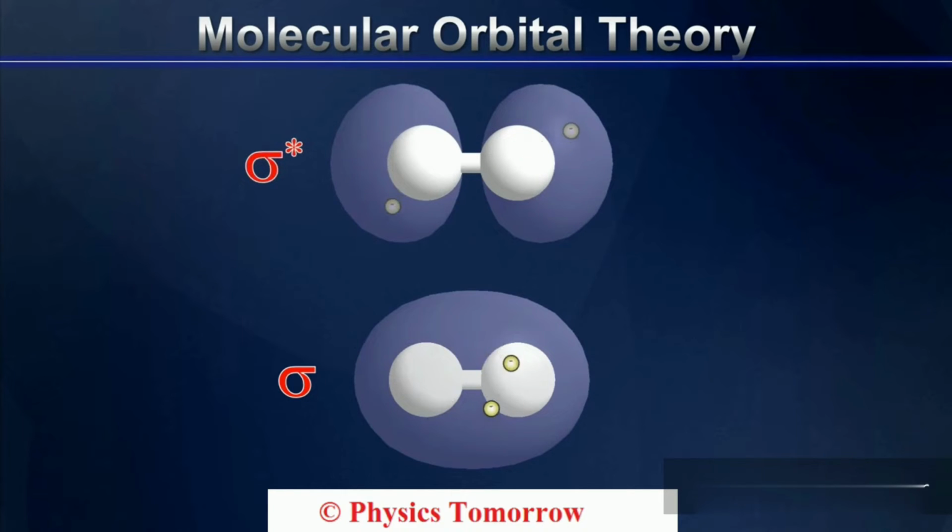If there were electrons inside of this sigma star molecular orbital, they would spend most of their time outside of the two nuclei, not screening their positive charge repulsions, and therefore would actually make the system very, very unstable. So let's think about what that means in terms of how hydrogen atoms come together to form a bond.